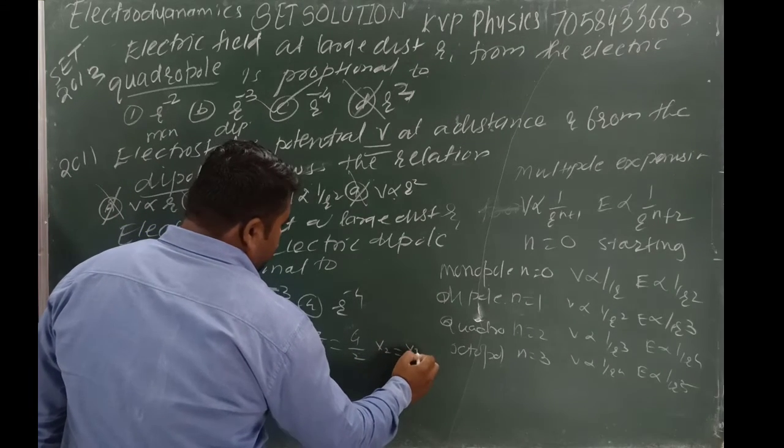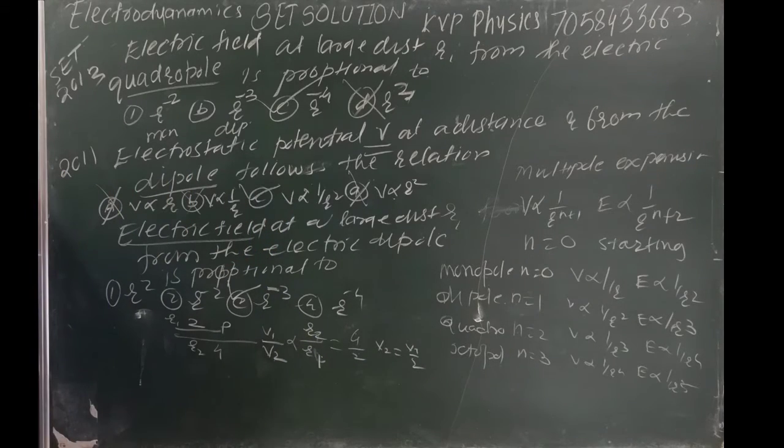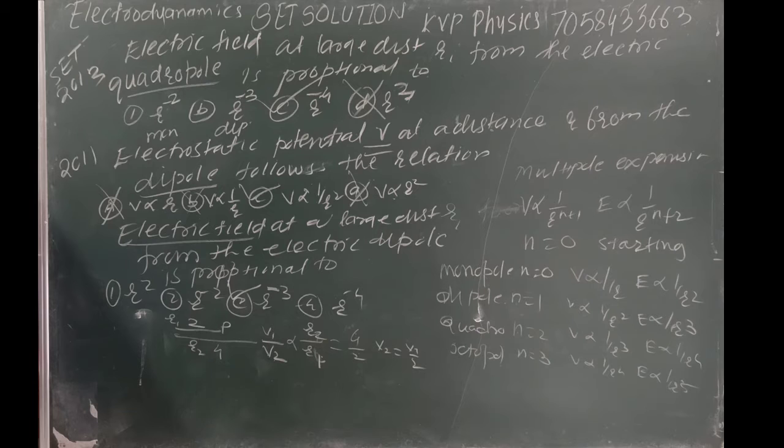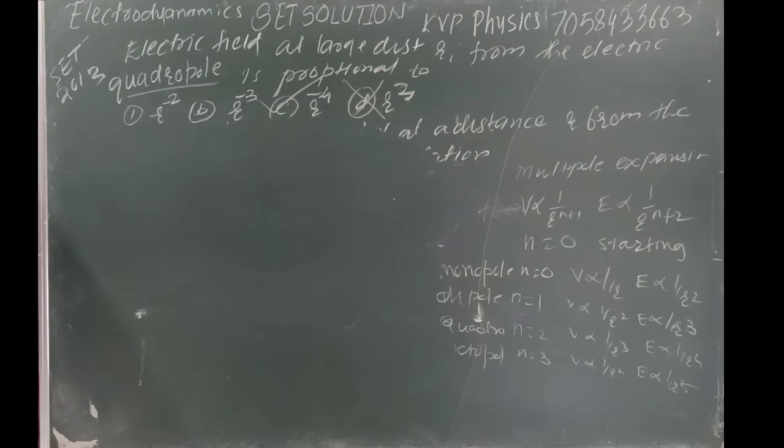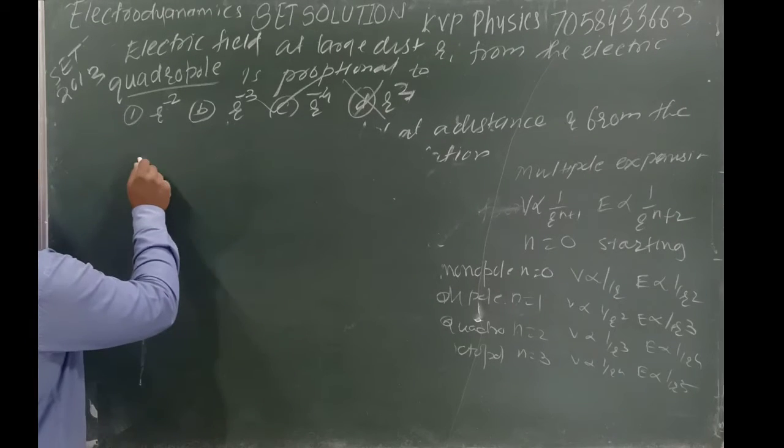V1 upon 2. Yes or no? V1 upon V2 is equal to 1 by R1, and V2 is equal to 1 by R2, but R2 goes in the numerator, R1 goes in the denominator. Then what is the value of this one? Monopole, dipole and quadrupole. Okay, distance is how much? Suppose 2 and 4.